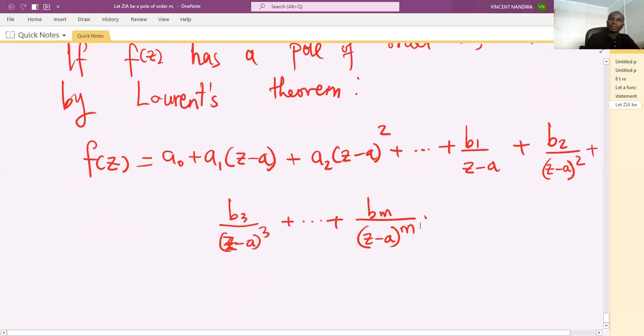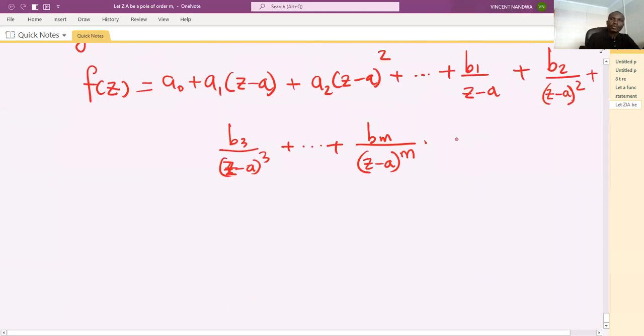So that's what we have. Let's call this equation 1.